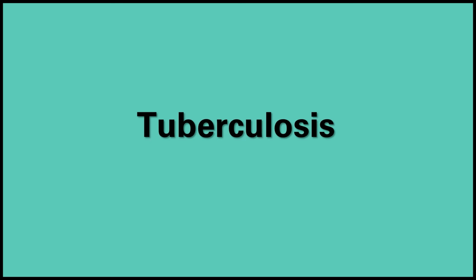Now let's talk about symptoms. When tuberculosis is active, pulmonary TB presents with chronic productive cough, pleuritic chest pain, fever, chills, night sweats, weight loss, and sometimes hemoptysis. A physical exam will show signs of consolidation.